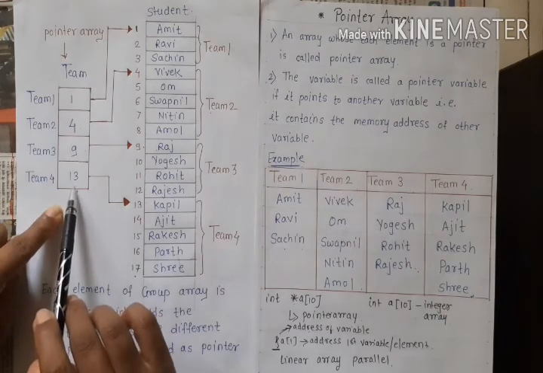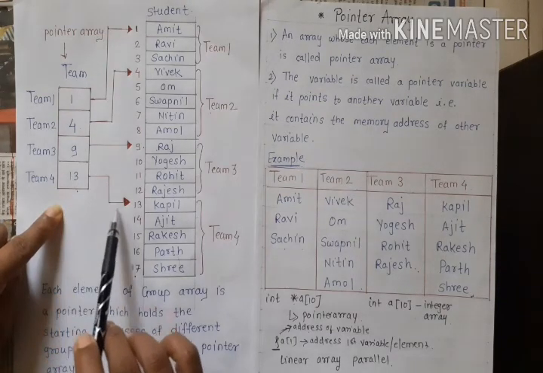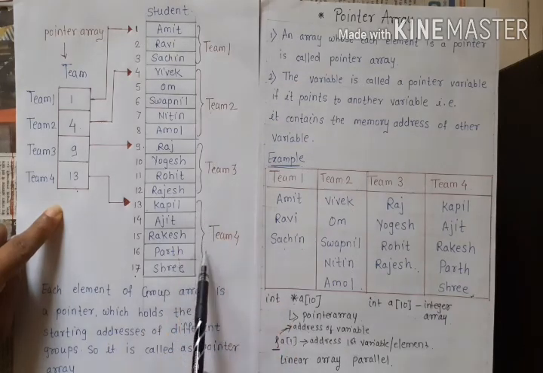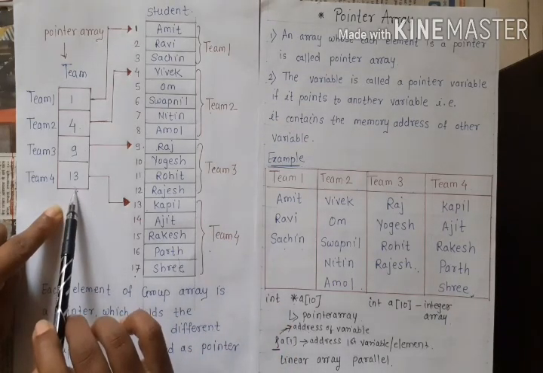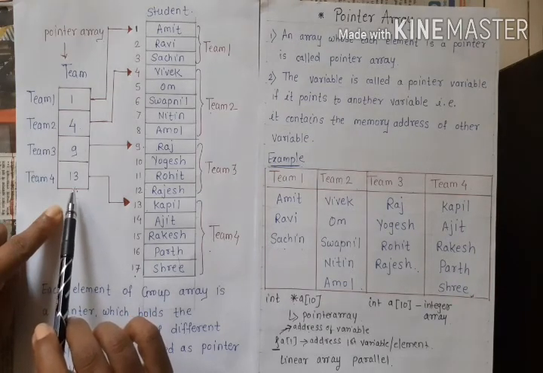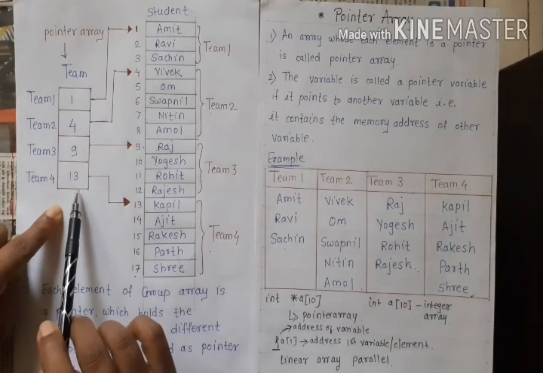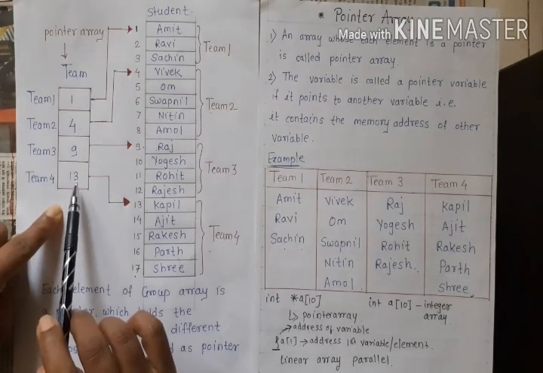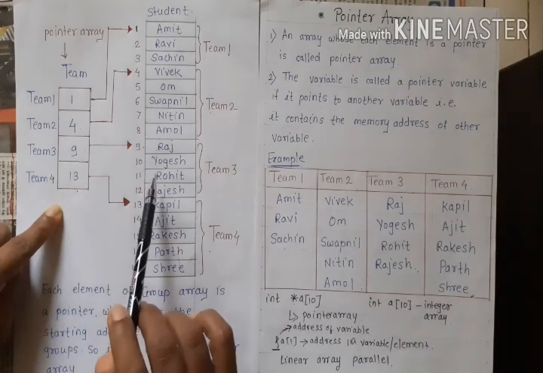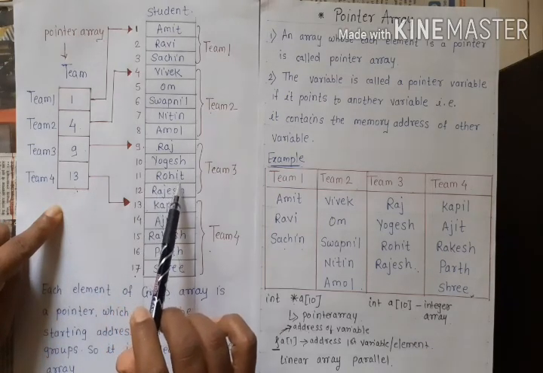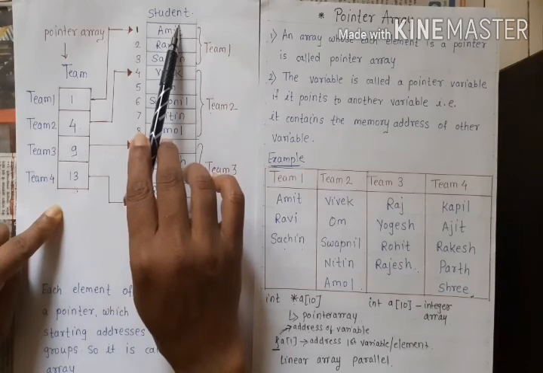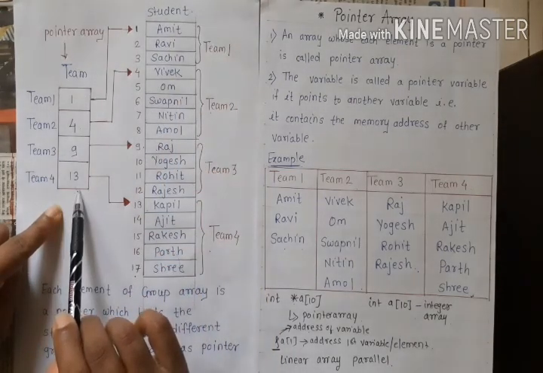So this array points to the first element in every team. So this is called a pointer array. This team array is a pointer array because it is pointing to members in group B, the student array.